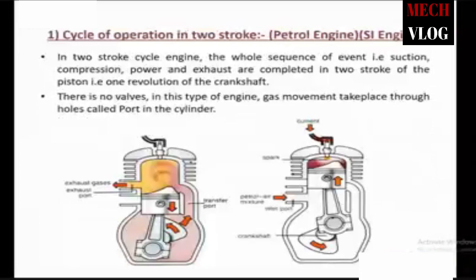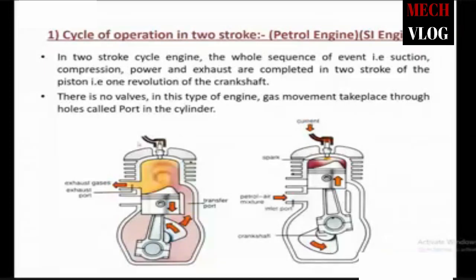I'll show you this figure. The left hand side image shows the downward movement of the piston. After the explosion inside the combustion chamber, when the spark plug ignites, the pressure rises and the gas expands. The expansion will push the piston downwards.